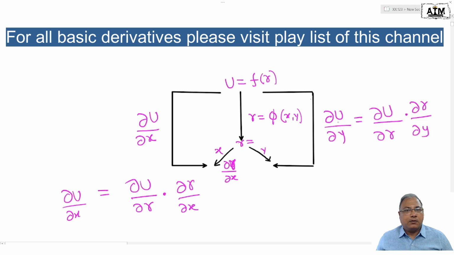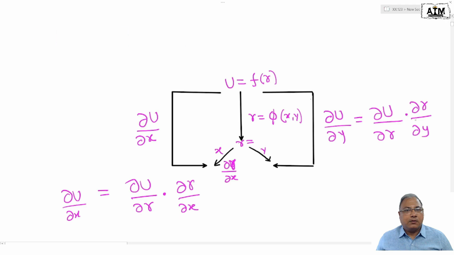So to get the partial derivative of u with respect to y, we have to carry two steps. First step, partial derivative of u with respect to r multiplied by partial derivative of r with respect to y. So this way we can do the partial differentiation of composite function. To enhance our understanding, let us take some few practical examples.